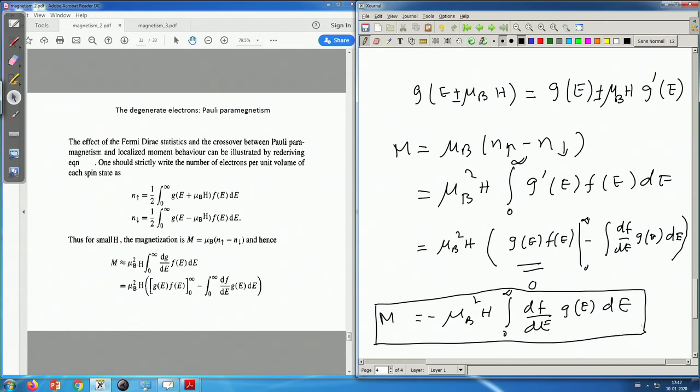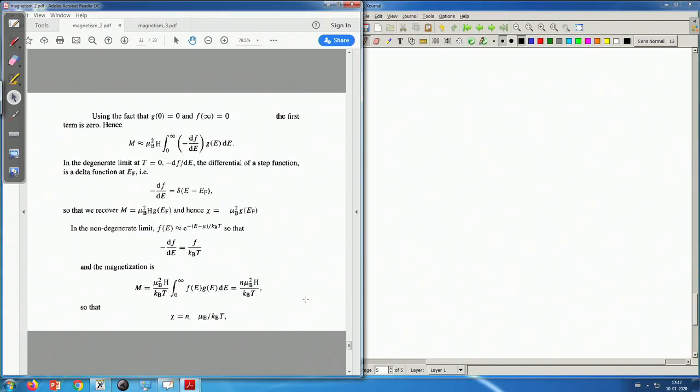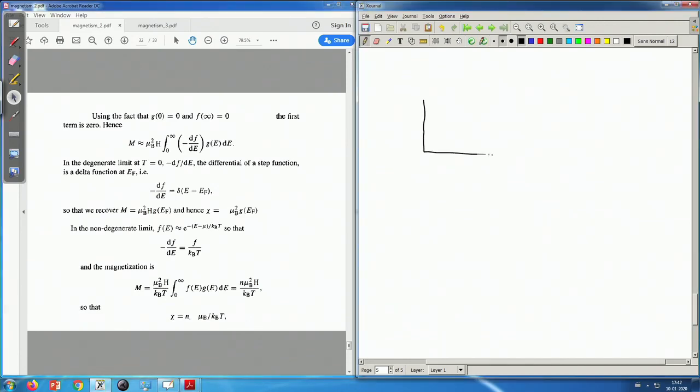Now, here again we make this quite reasonable approximation that df/dE is a function like this, f is a function like this, right. At any finite temperature, there is a slight deviation around E_F.